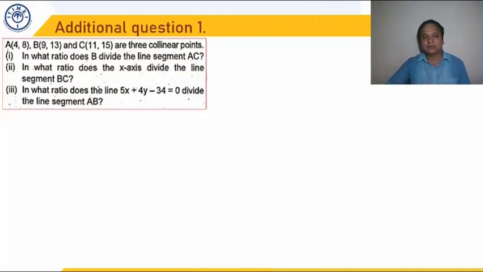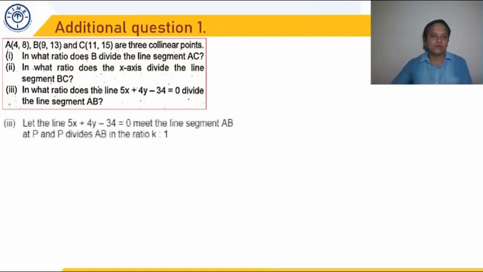Part third. In what ratio does the line 5x plus 4y minus 34 equal to 0 divide the line segment joining AB? A coordinates are (4, 8), B coordinates are (9, 13). We assume let the given line divide them in the ratio k is to 1. So for AB we apply the k is to 1 section formula.